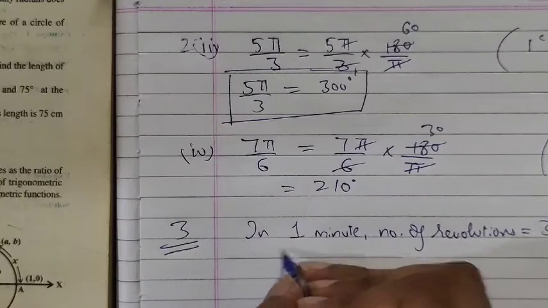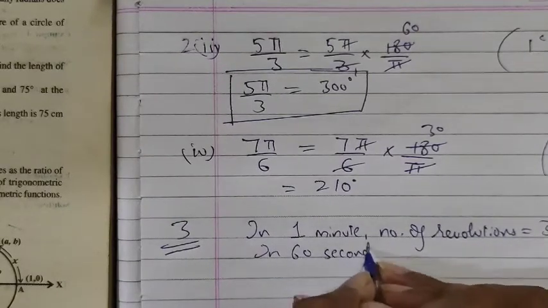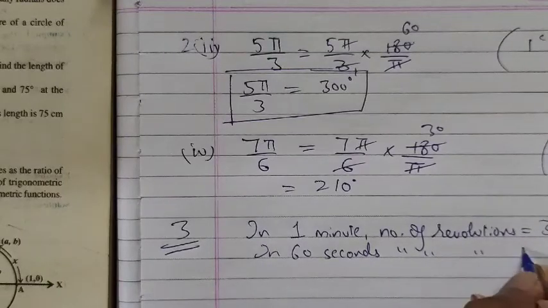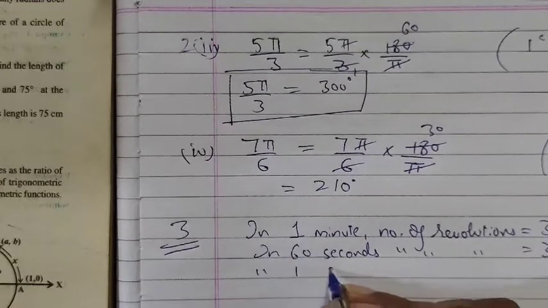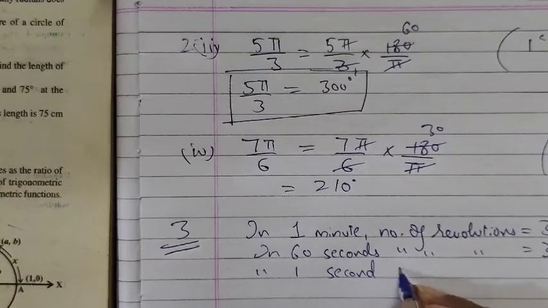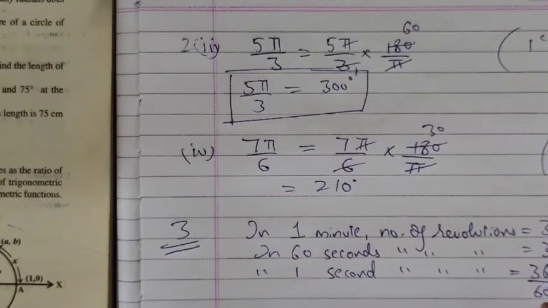So in 1 second, the number of revolutions is equal to 360 upon 60, which is 6 revolutions, right?